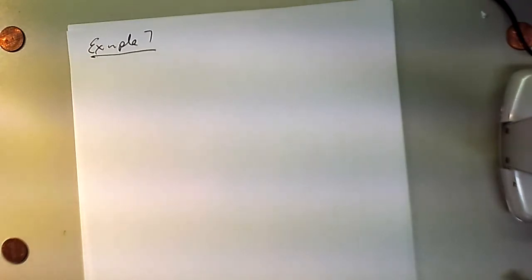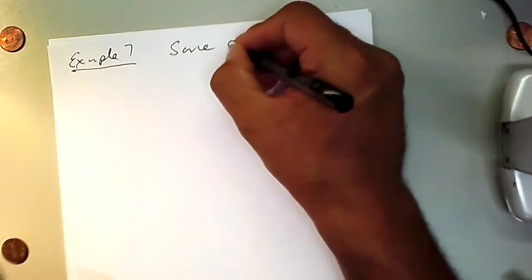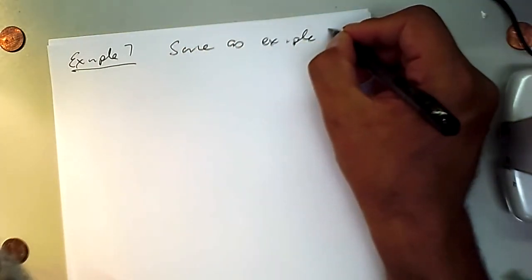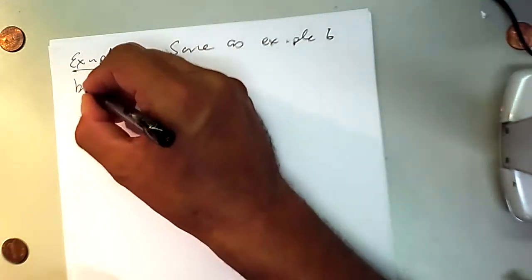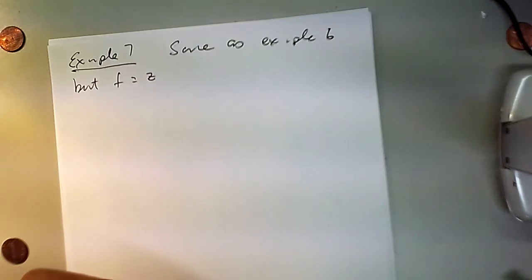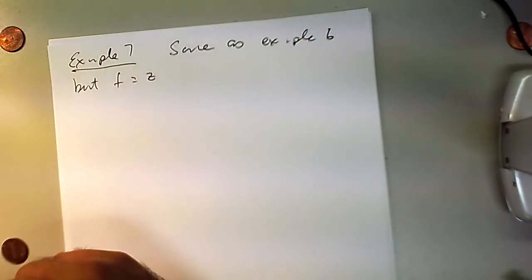My page 11. Okay, so guess what it's going to be? Same as example 6, but the function that we're going to integrate is z. So we integrated 1 in example 6.